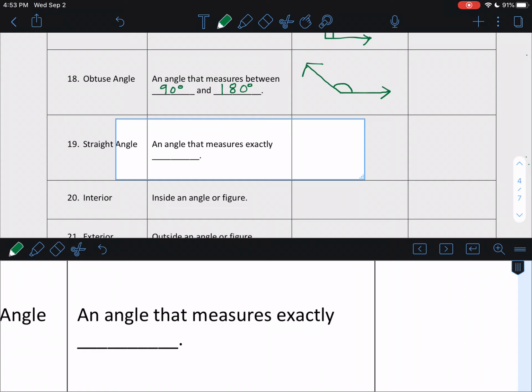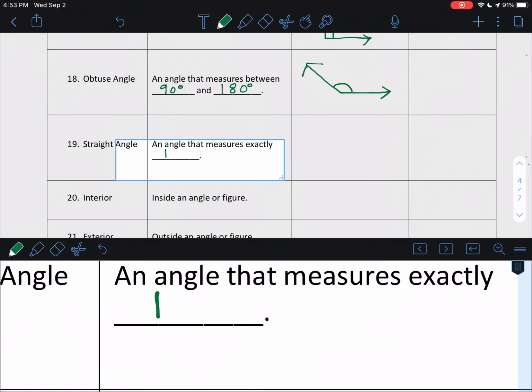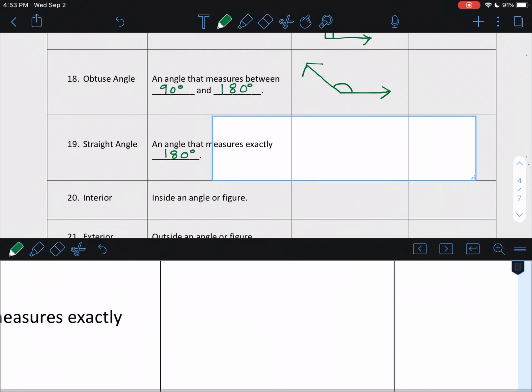And then the fourth kind of angle, which isn't really an angle at all, is a straight angle, which is an angle that measures exactly 180 degrees. And that is just going to look like a line.